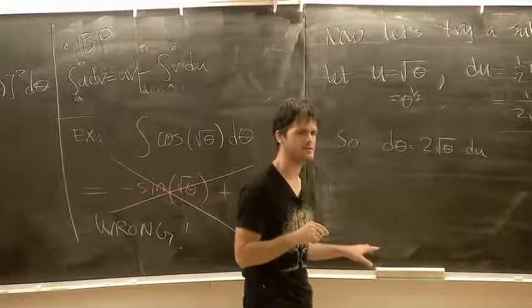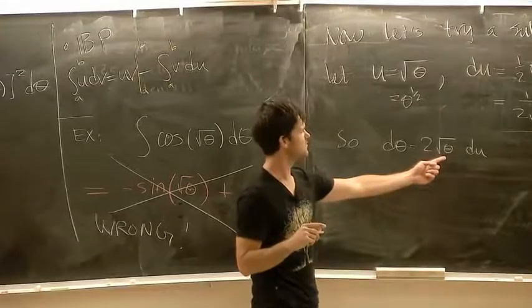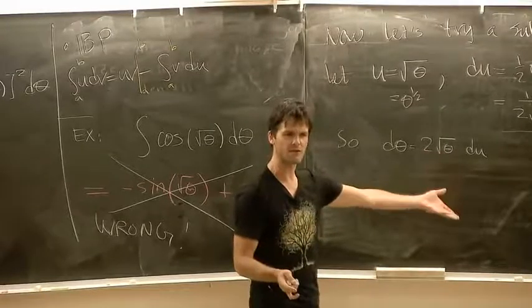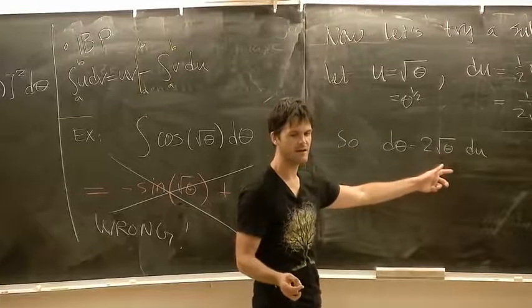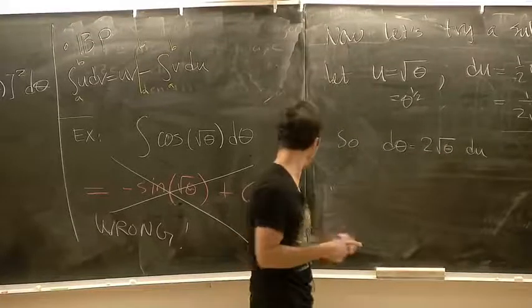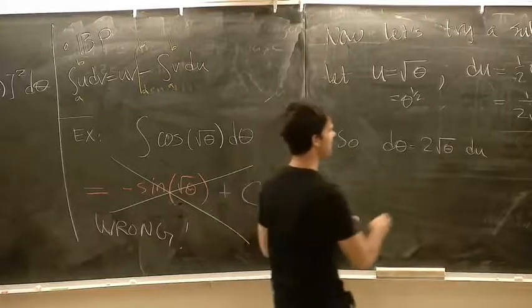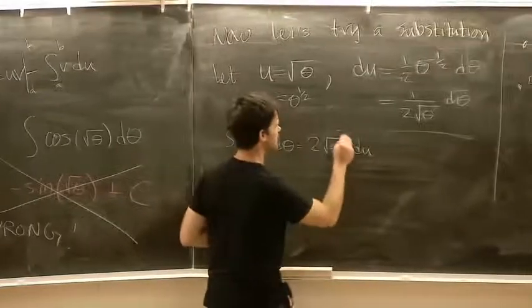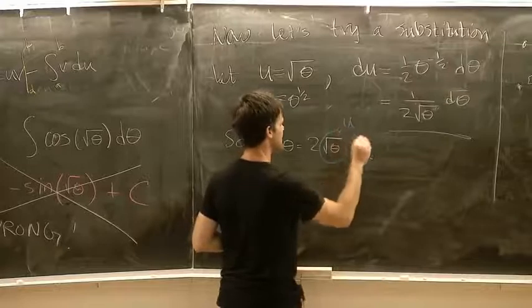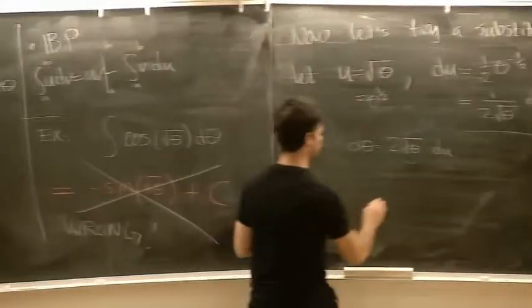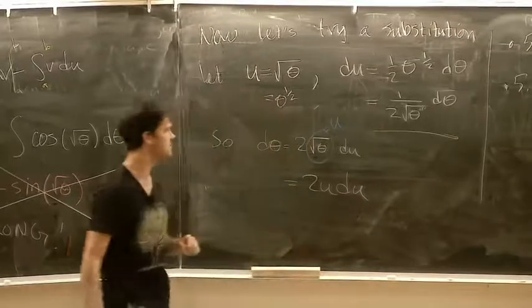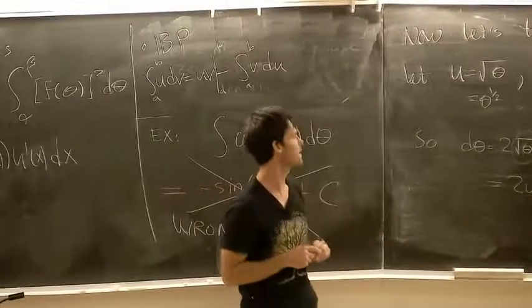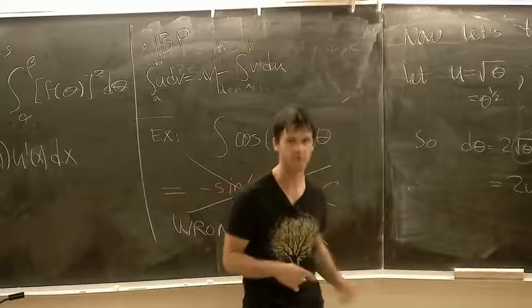Still not a great substitution, though, because we're supposed to be putting everything in terms of u, but this still has a theta in it. But wait, isn't this exactly what we just said u was? So d theta is 2u du. Oh. That's the trick there.